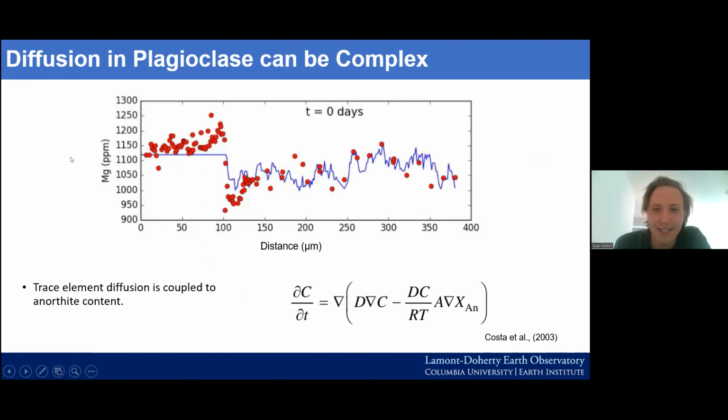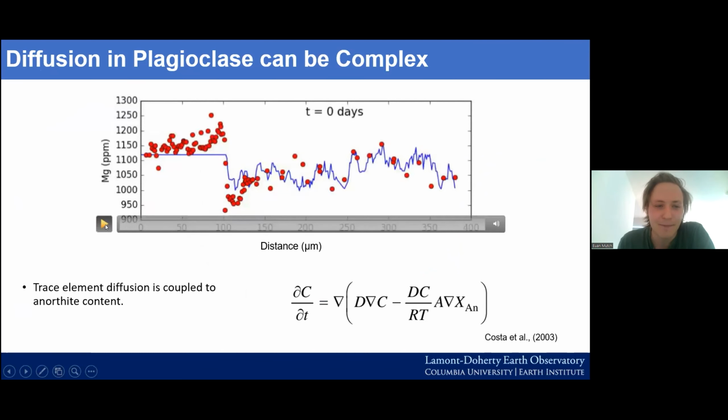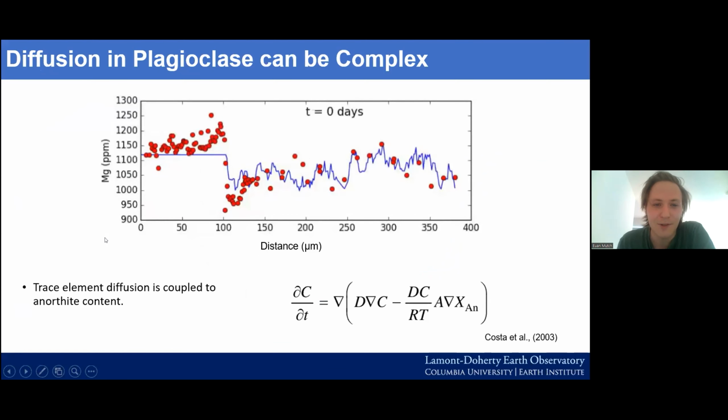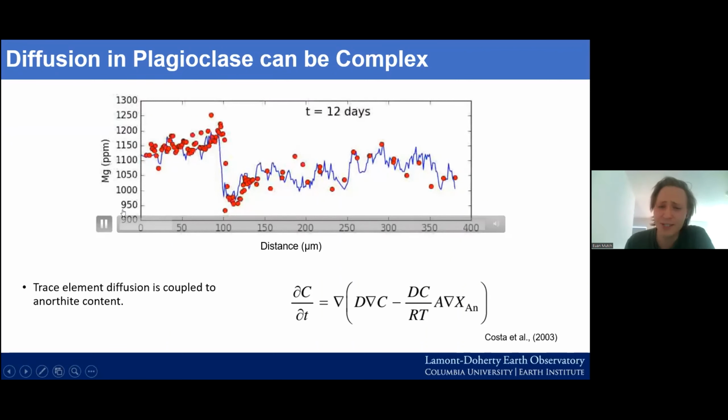But if we now look at diffusion in plagioclase, things are actually a little bit more complicated. If you look at this video of a diffusion model from the Skuggafjall eruption, we can see we don't have this nice error function.